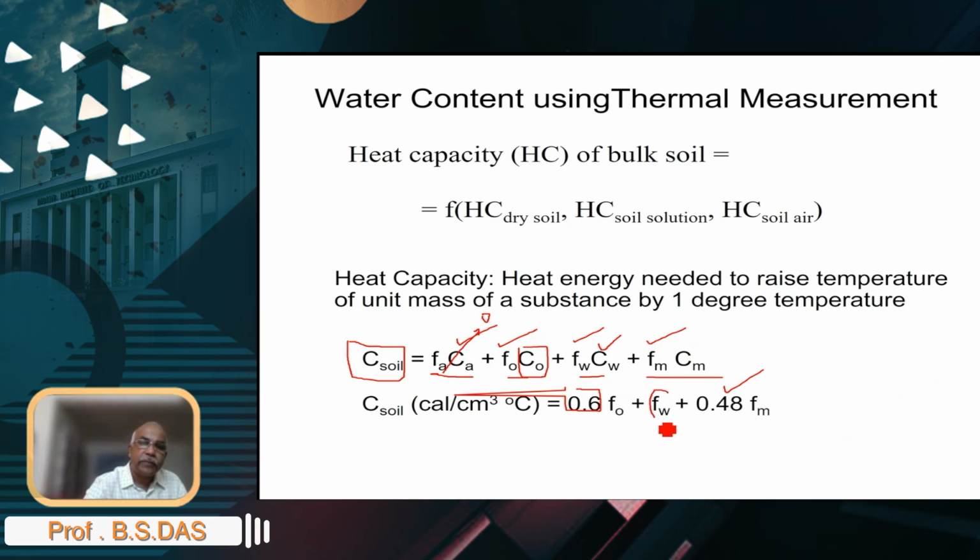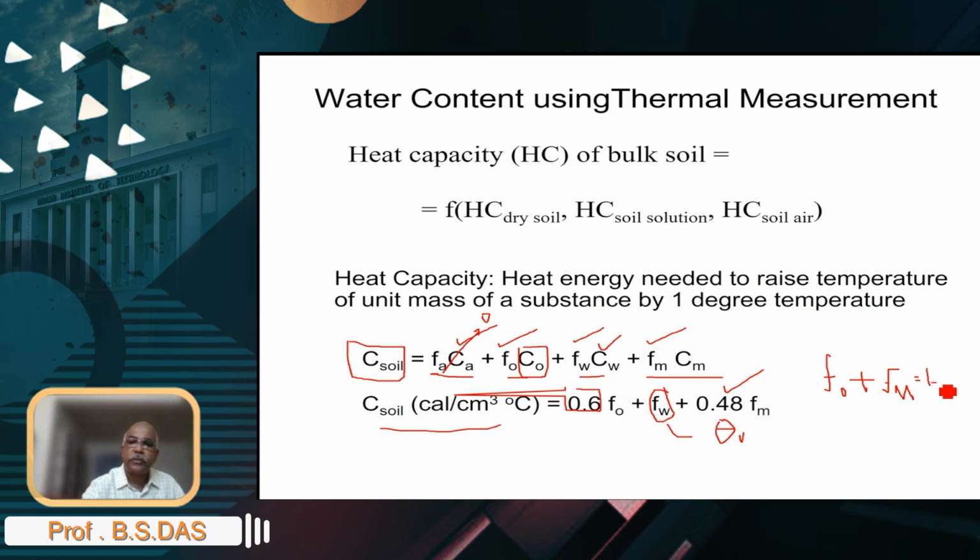The volume fraction of water is the volumetric water content, theta V. So if you measure the bulk soil heat capacity and you know these volume fractions, F0 and FM, they are essentially equal to 1 minus porosity.